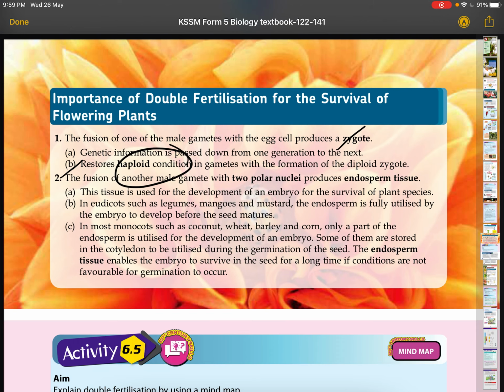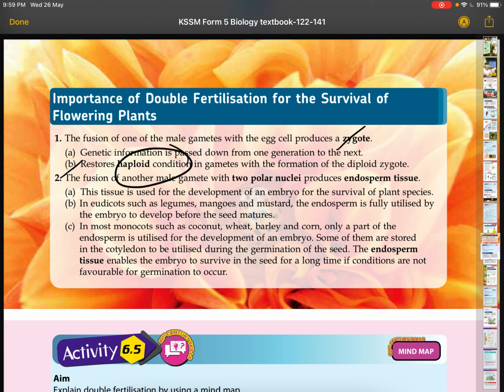Some of them are stored in the cotyledon to be utilized during the germination of the seed. So some seeds won't even have endosperm, because the endosperm's nutrients go into the cotyledon. But the main thing here is it still supplies nutrients.